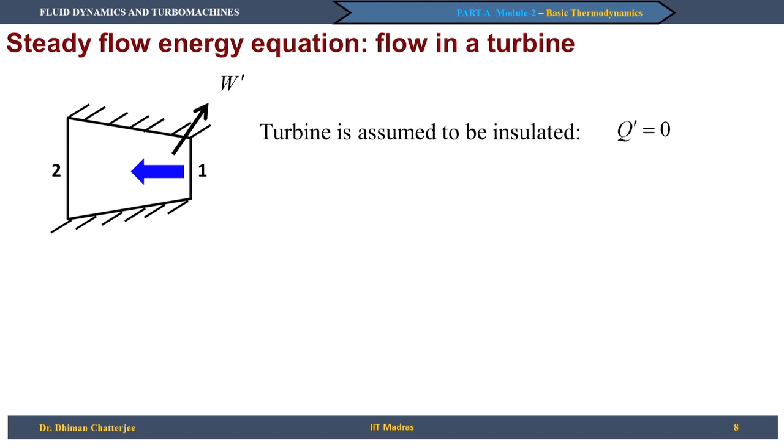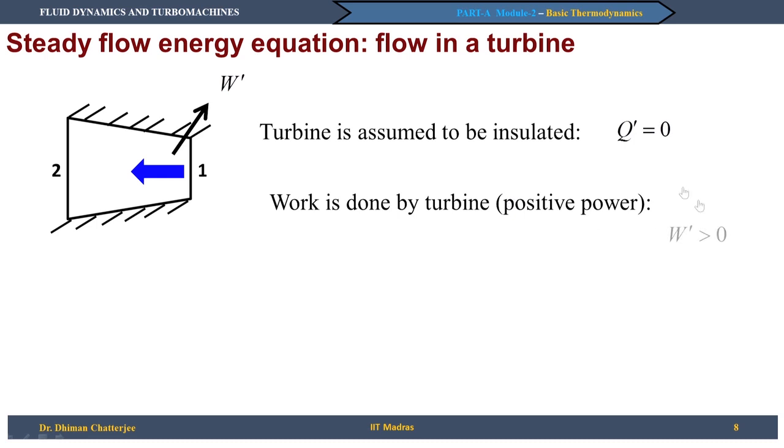If in any particular case there is significant heat transfer from the turbine or compressor to the surroundings, you have to account for it. The flow is from 1 to 2, and there is a work transfer. This is a big difference. Work is done by the turbine, a positive power, so W prime is greater than 0.